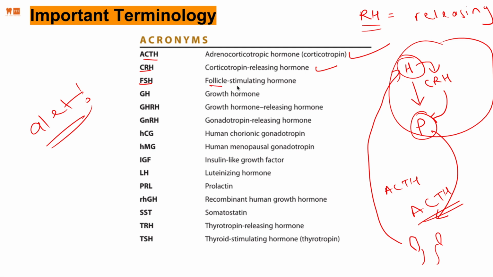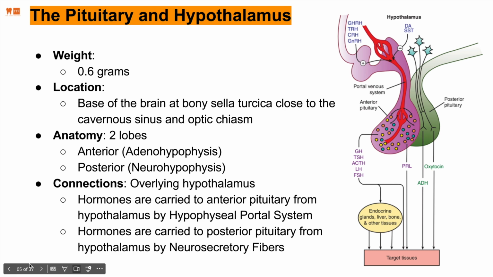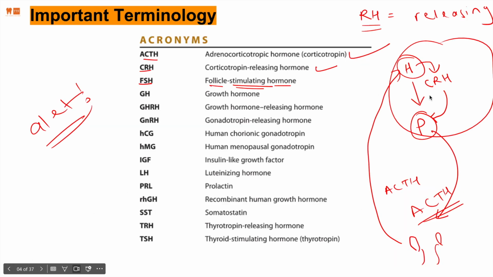FSH, follicle stimulating hormone. Now, stimulating hormone. So, adrenocorticotropic hormone, the ACTH right here, is something that affected the target organs, right? It stimulated the target organ. So this also is a type of stimulating hormone.